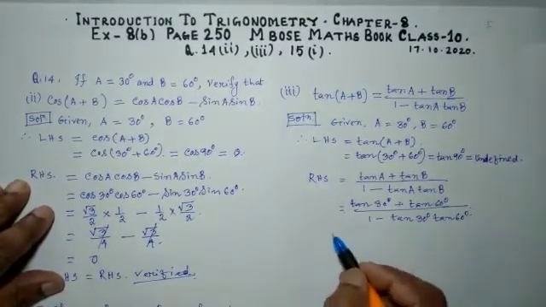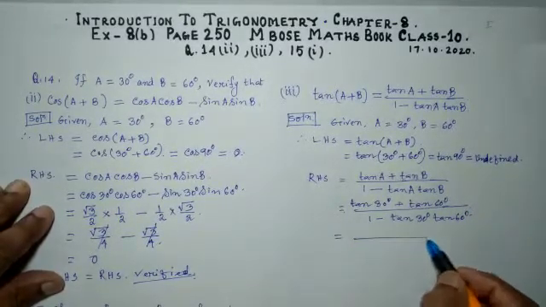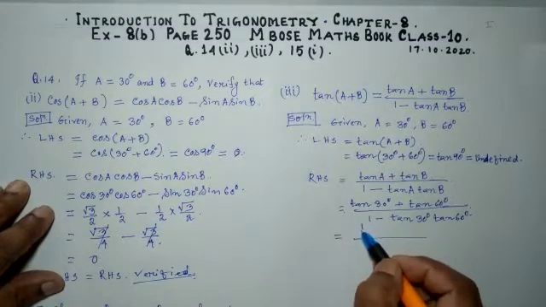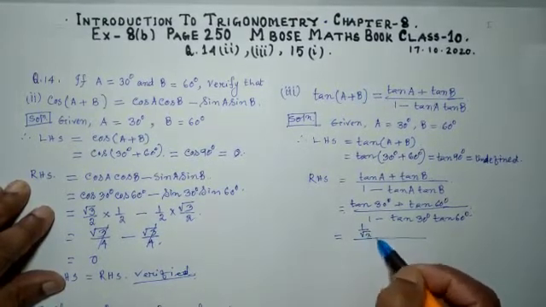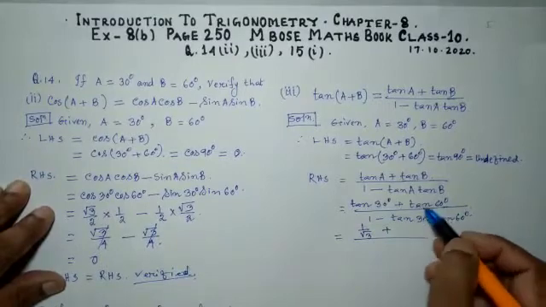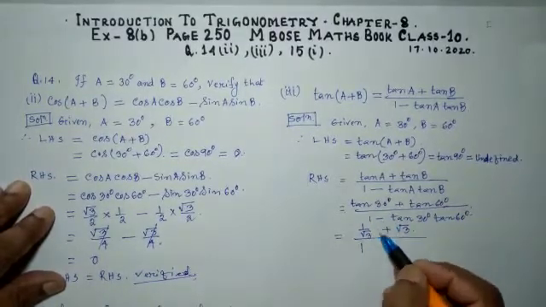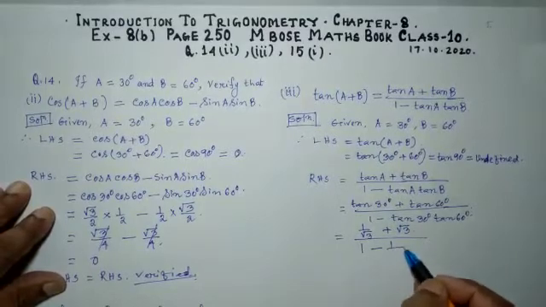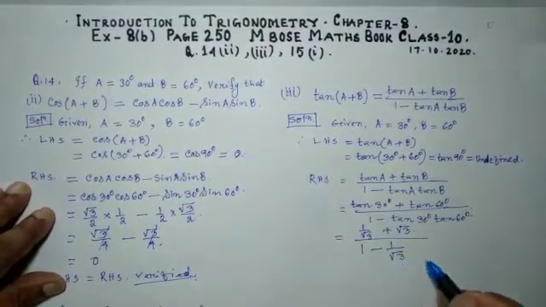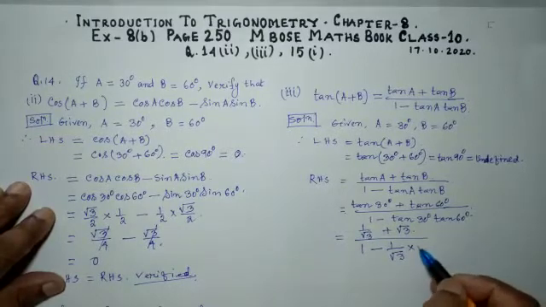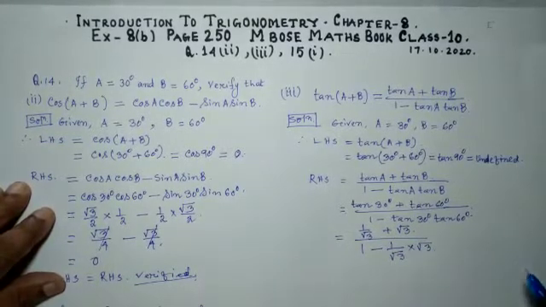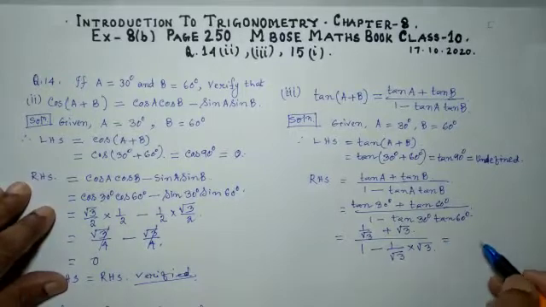And next work is tan 30, write the value 1 by root 3 plus, this plus will come, tan 60 value is root 3, then below 1 minus tan 30 is 1 by root 3 into tan 60. So we can give here into the value of tan 60 is root 3. Let us do the work here, one line.